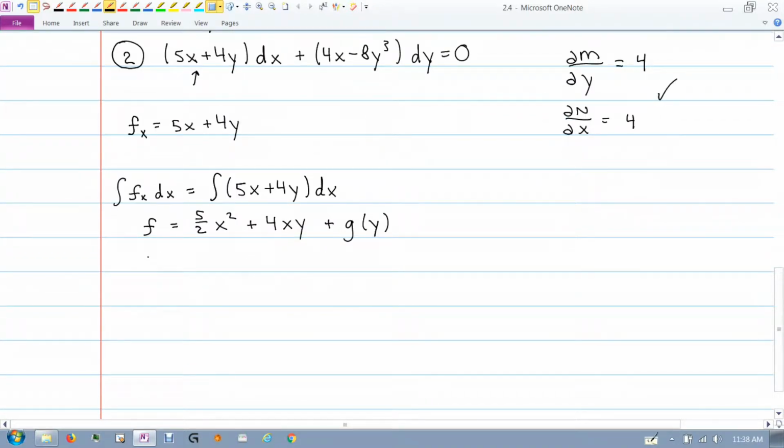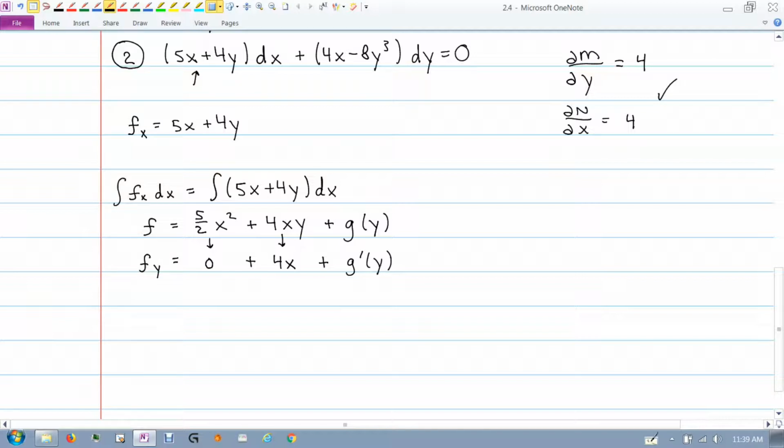Now we differentiate this with respect to y, and we get 0 here, but notice this time when we differentiate that with respect to y, we're treating y like the variable, so 4x is a constant. The derivative of y is 1, so you just get 4x here, and then plus the derivative of g with respect to y.